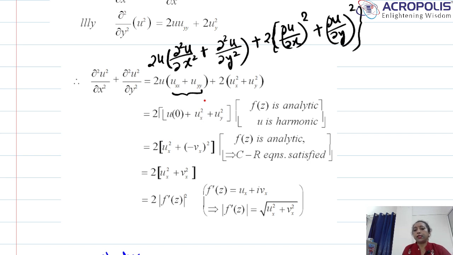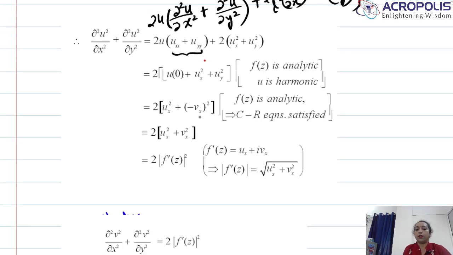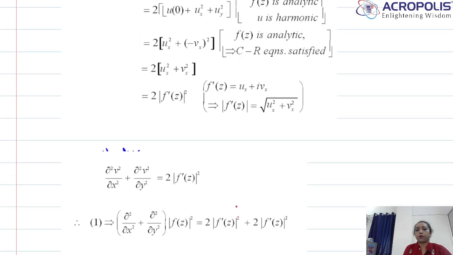Since f(z) is an analytic function, it will satisfy the Cauchy-Riemann equations, as I have already told you in my previous lectures. The Cauchy-Riemann equations are written as u_x = v_y and u_y = −v_x.